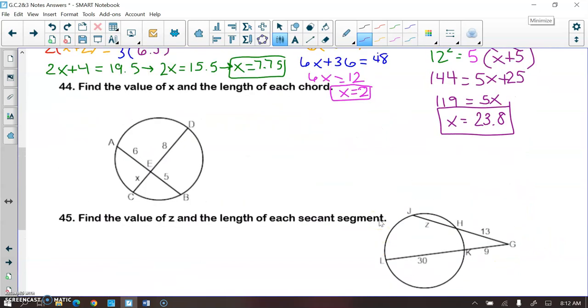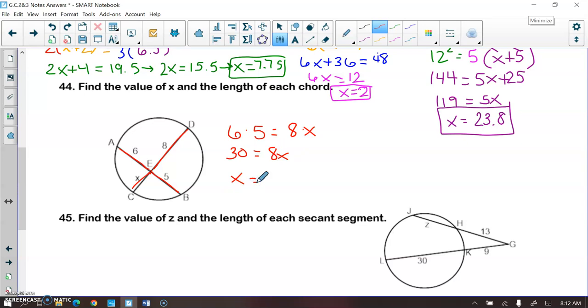Great, moving on. My next one, it's 2 chords again. So a portion of one of my chords times the other portion of my chord is equal to a portion of the other chord times the other portion of that same chord. So I have 30 is equal to 8x.